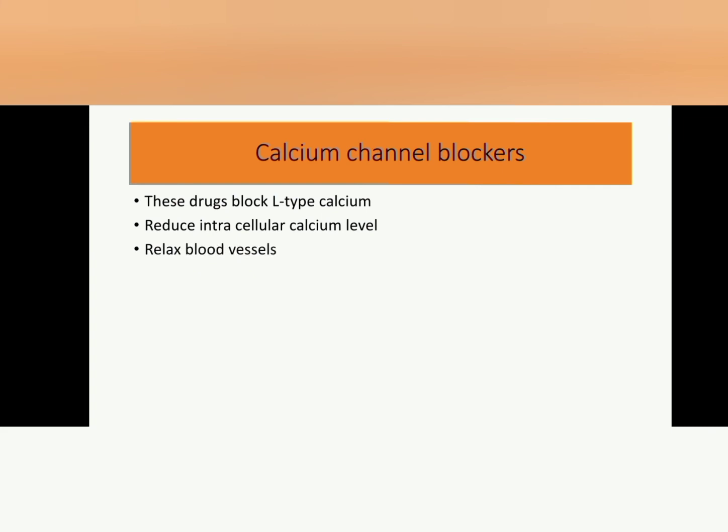As if it is smooth muscle, cardiac muscle, or skeletal muscle, in all these three muscles, contraction of muscle is caused mainly by calcium. It binds with troponin and then it initiates contraction of the muscle. So it relaxes blood vessels, and it also decreases rate of the heart and contractility of the heart. Examples of calcium channel blockers are verapamil and diltiazem.